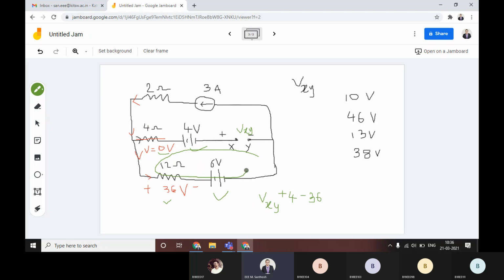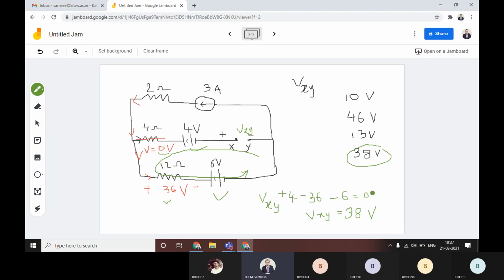Like this, if you assume the current flow, then in that case this is 36, then this is 6 equal to 0. Then Vxy is equal to 38 volts. You understand? Simple.